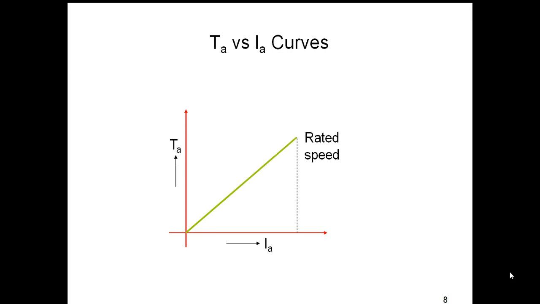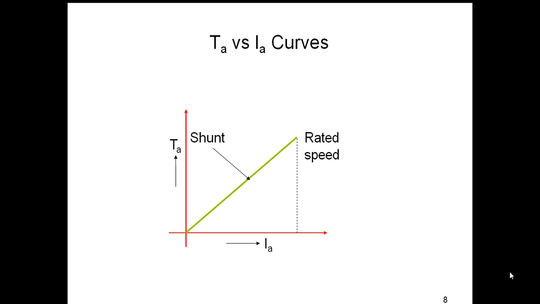And if we draw a curve for the shunt field flux, then it will be linear, which we have already studied in the characteristics of DC shunt motor.